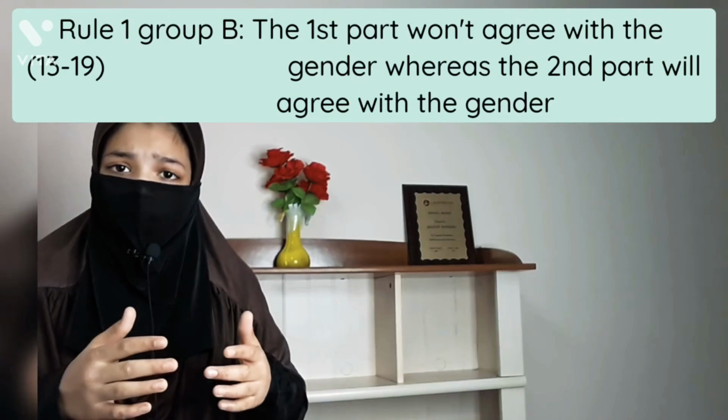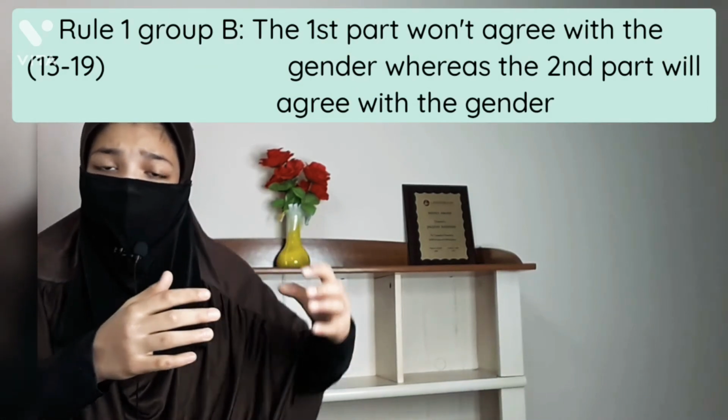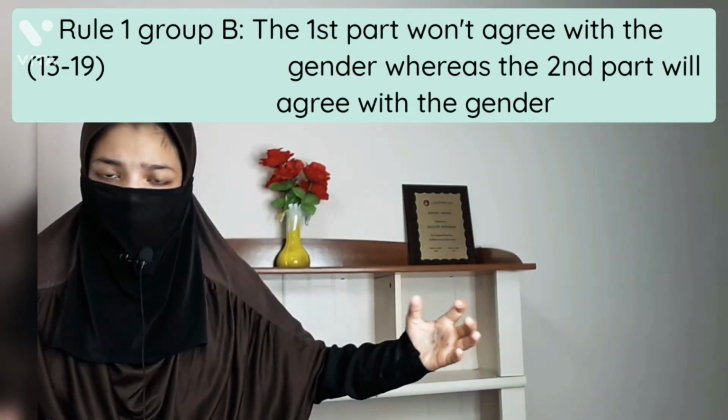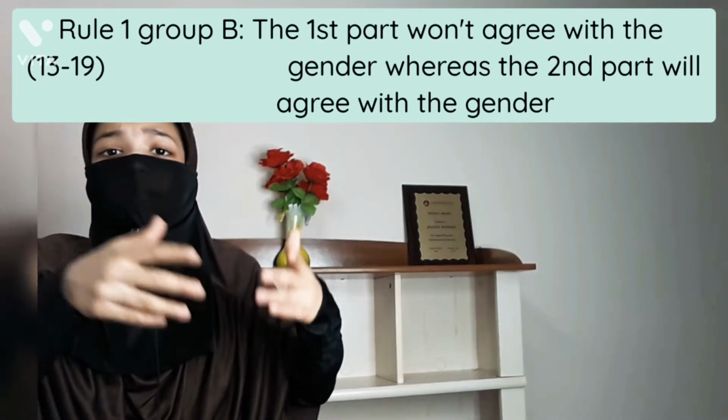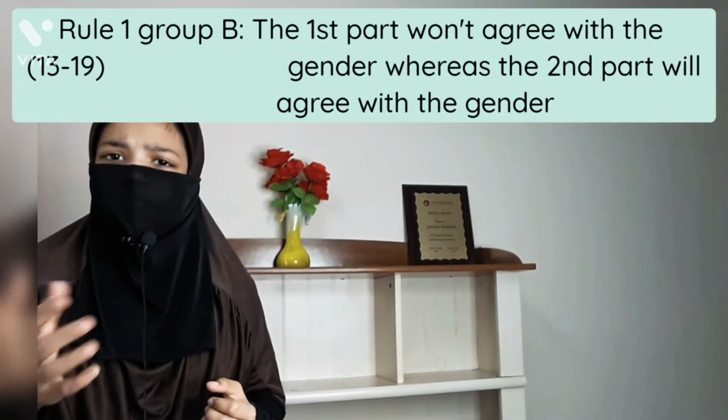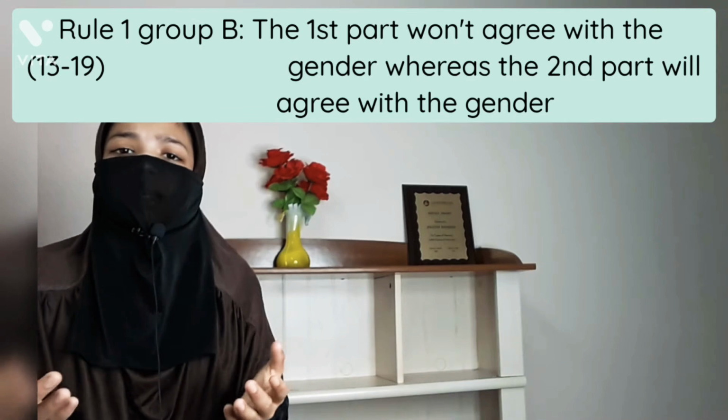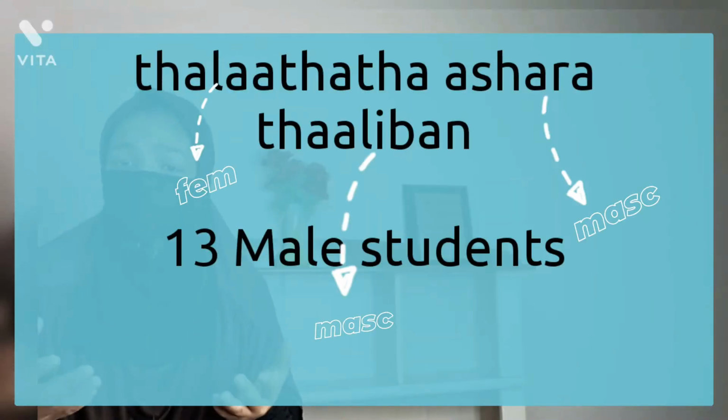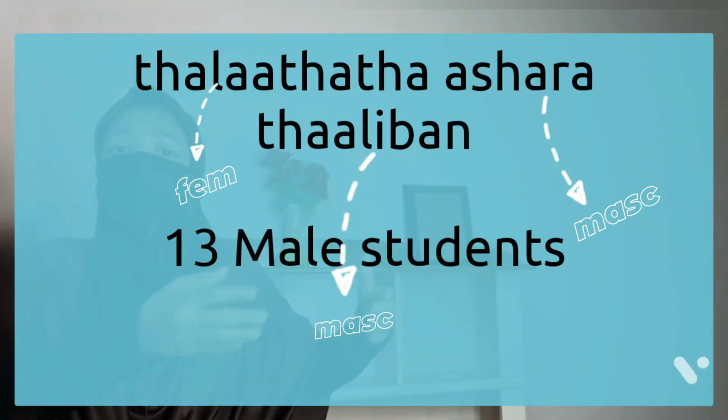Moving on to our second group, 13 to 19, the first part will not agree with the gender, whereas the second part will agree with the gender. For example, if you want to say 13 male students, you say thalathata ashara taliban.